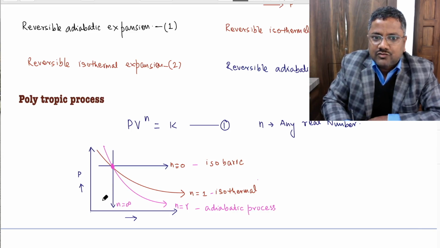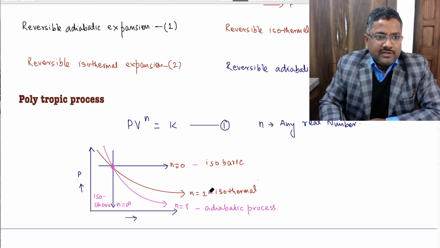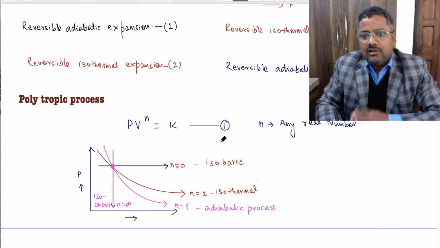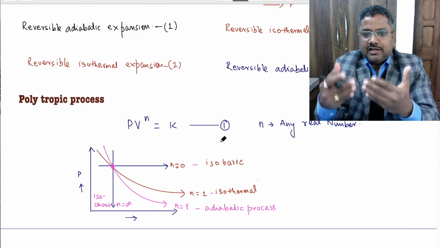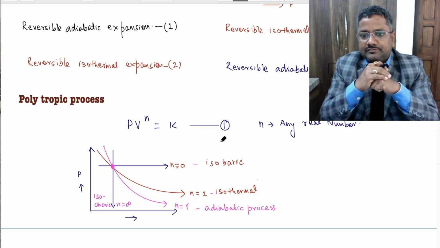So this is isochoric. Right? So in this way, you can explain all the above processes: isobaric, isothermal, adiabatic, and isochoric by a single equation.